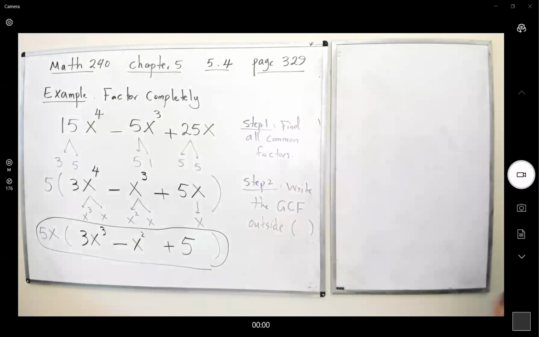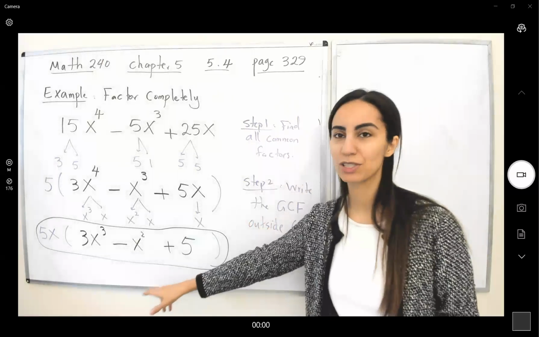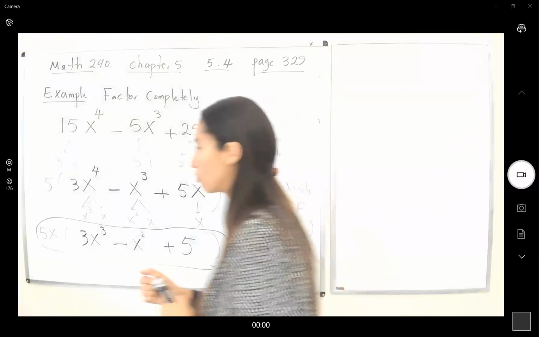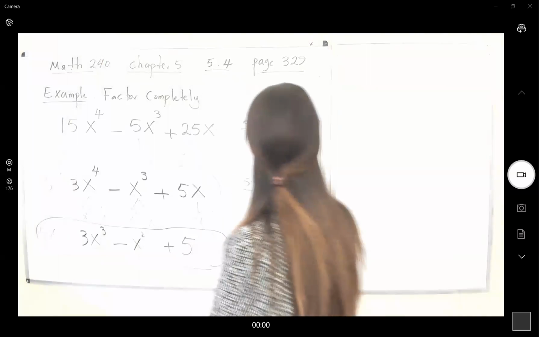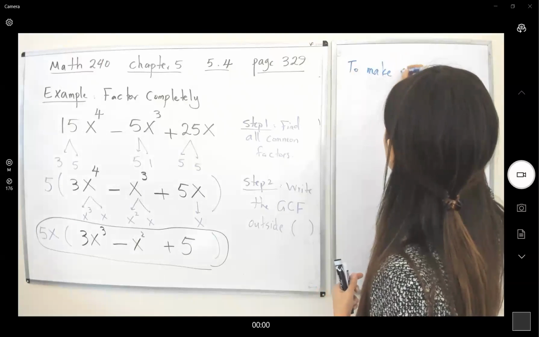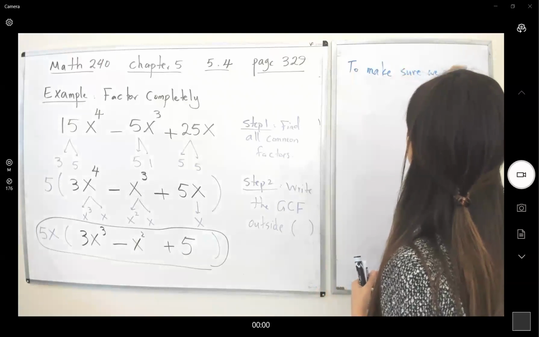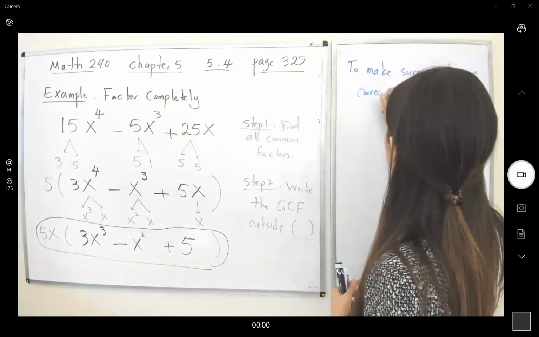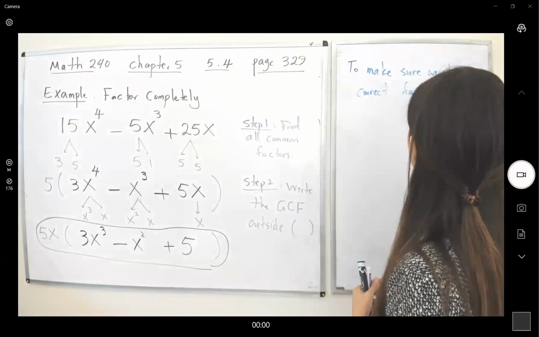Remember that you can always check your factorization by distributing 5x back into parentheses. So let us check this work to make sure we have a correct factorization.